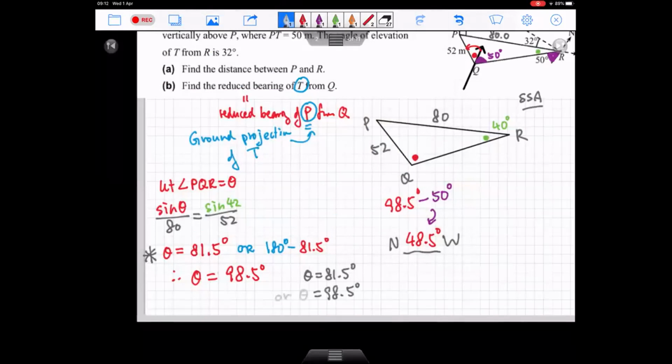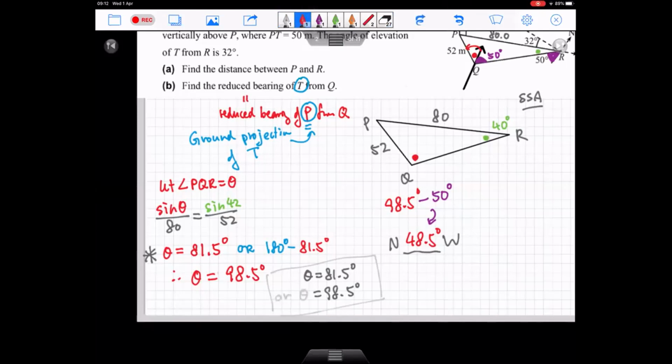This is what is in your head. But in your writing, you put out something like this, and that is obviously wrong. 81.5 can never be 98.5 because you did not mean this. You meant this.